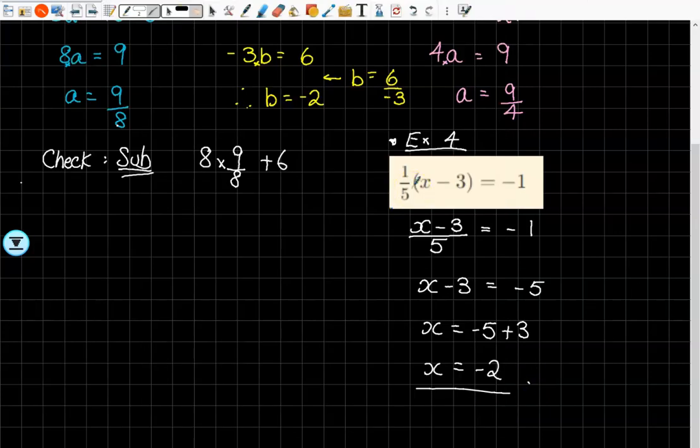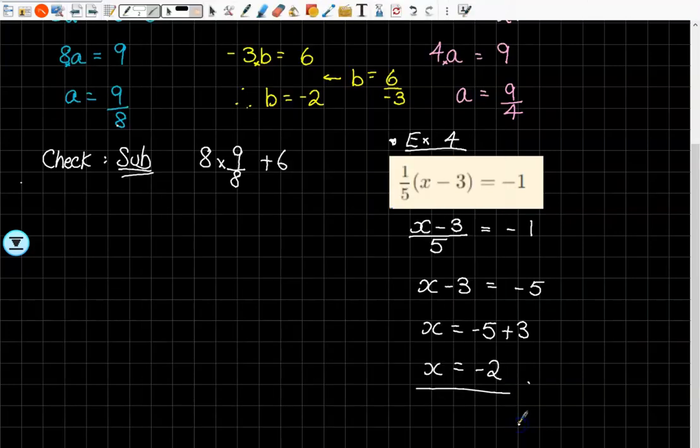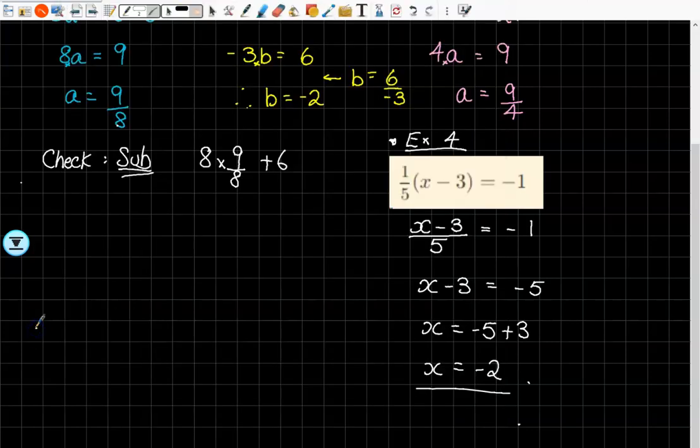What are we saying X is? Negative 2. So we pop in negative 2. What does it then say? Take 3. So I put take 3, close my bracket. Now when I press equals, if I don't get minus 1, it means I've made a mistake and I'd have to go back and fix it. Lucky for me, huzzah. Minus 1, correct. Thank you.